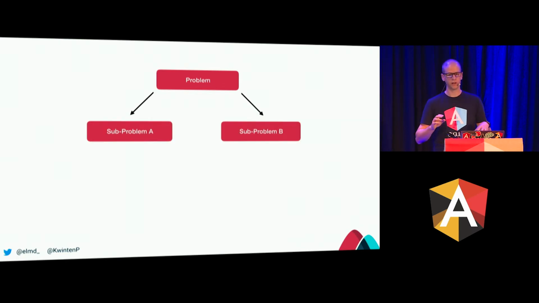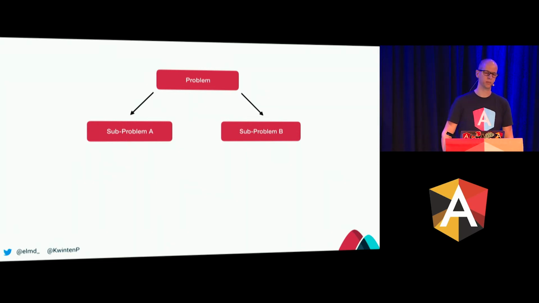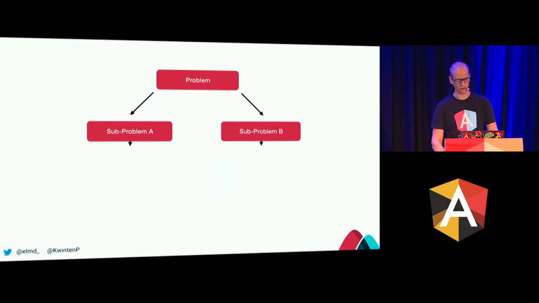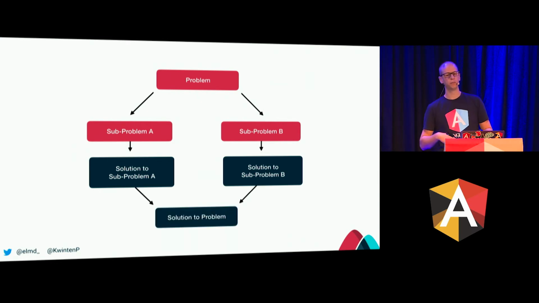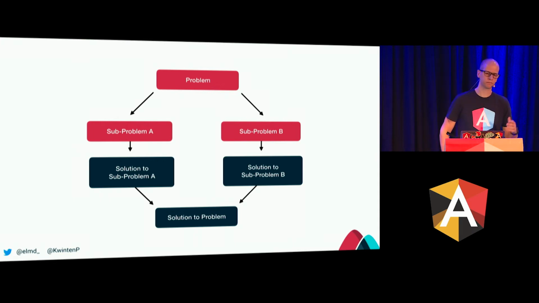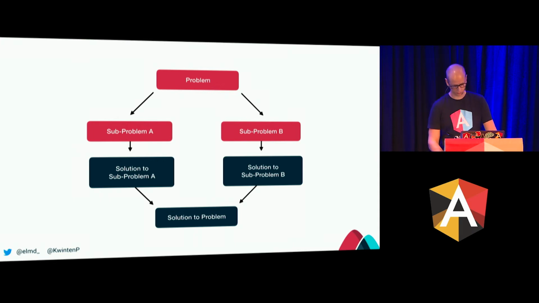You keep doing this until these subproblems actually seem manageable. And once you have manageable problems, you fix those, you get sub-solutions, and then you reassemble those sub-solutions back together into a final solution. And that's also the approach that we're going to take with regards to our requirements.